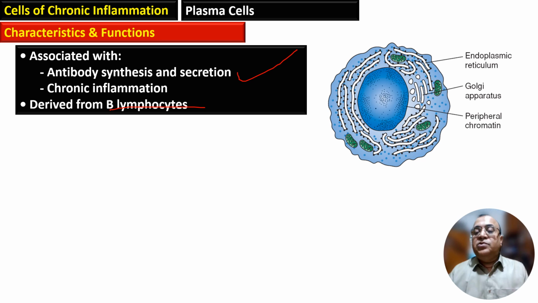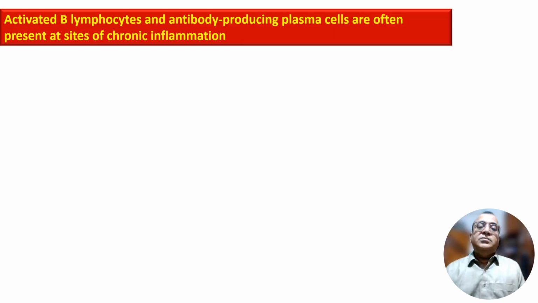Due to the secretory activity of immunoglobulin, there is increased endoplasmic reticulum and prominent Golgi apparatus, and the nucleus is opened up with peripheral chromatin within the nucleus that gives a clock face appearance or cartwheel appearance. This is the classical histologic description for the plasma cell.